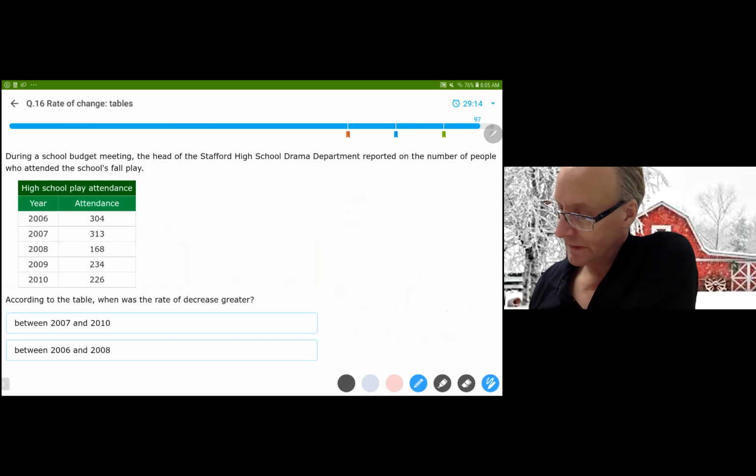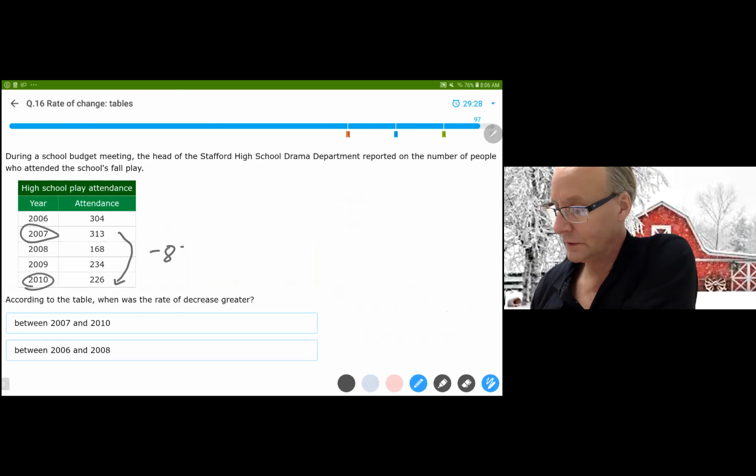Okay, 2007 to 2010, that's a period of 3 years. It looks like we went down. I'm so slow today. Looks like 87, huh? Down 87 over a period of 3. Let's see, let's subtract that. 313 minus 226. 6 from 13 is 7, and 2 from 10 is 8, and we had borrowed.